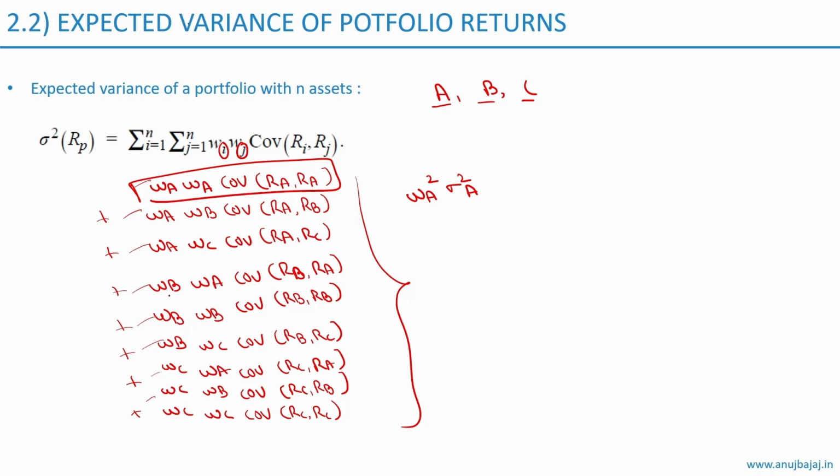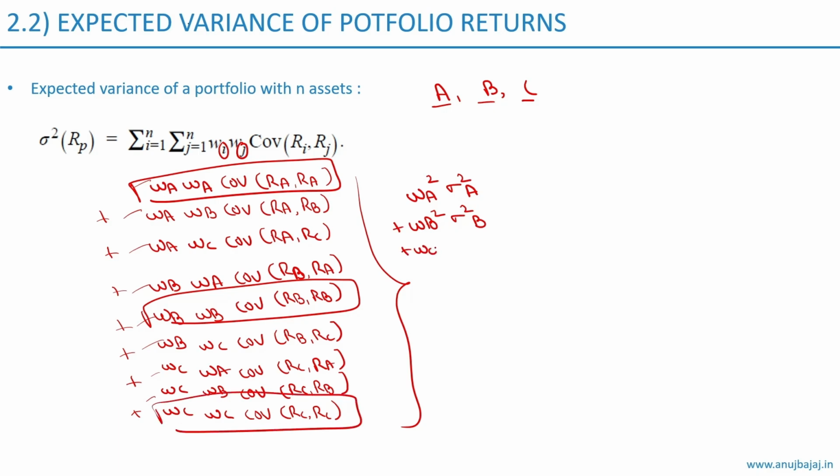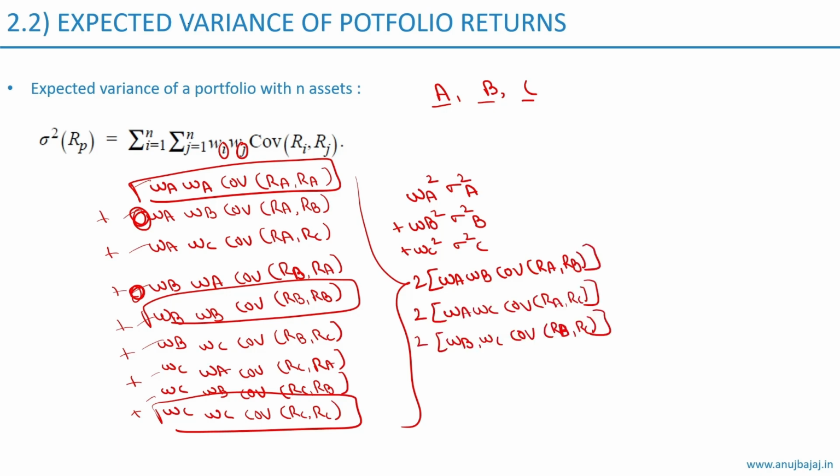Then we take the second term, which is this, weight B squared multiplied by variance of asset B. Then we take the third term, weight C squared multiplied by variance of asset C. Then taking this term and this term over here, we get 2 multiplied by weight of A multiplied by weight of B multiplied by covariance of asset A's return with asset B. So this is how the formula looks when summarized.